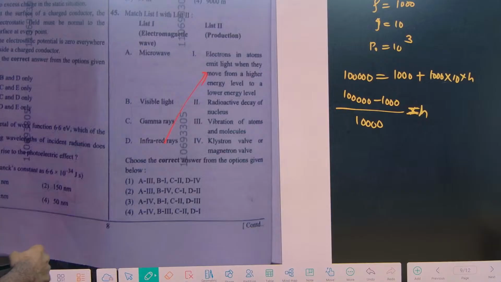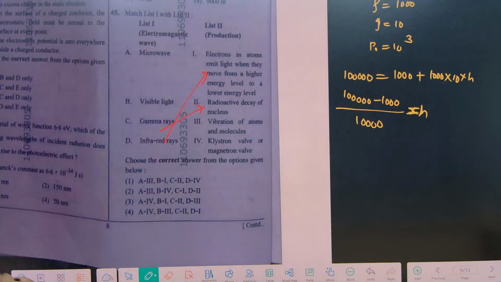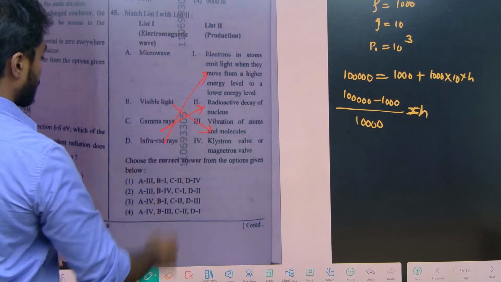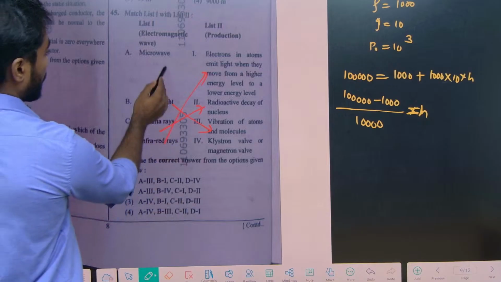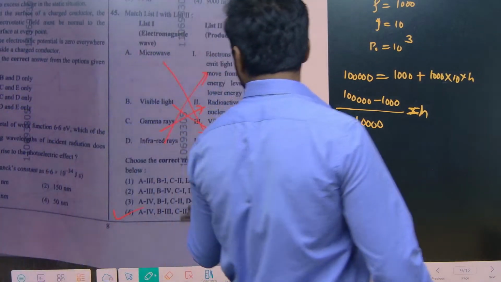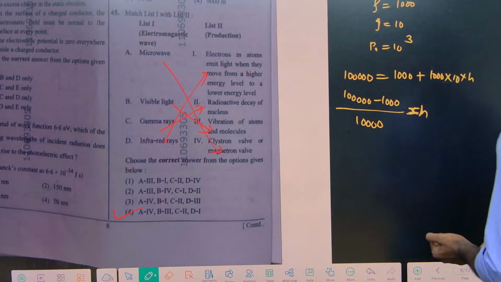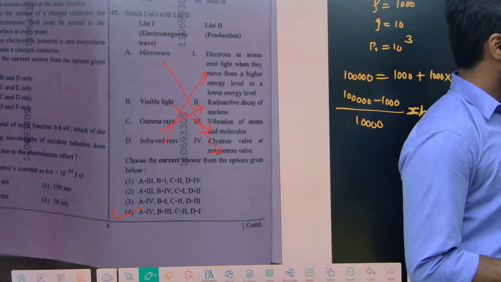Gamma rays is nothing but radioactive decay of the nucleus. Visible light, vibration of atoms and molecules. And microwave, the fourth one. So option 4 is the answer. 4321.